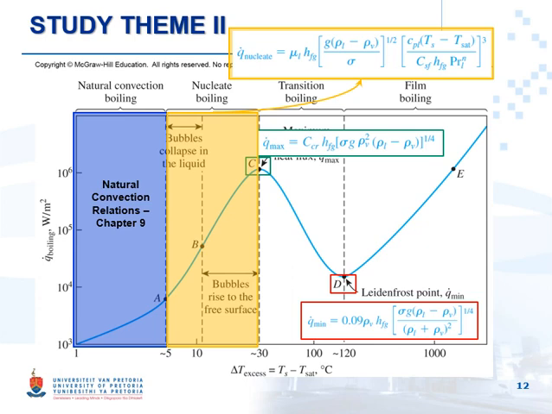For Q dot minimum for the Leidenfrost point we have another semi-empirical correlation, and Q dot nucleate was also semi-empirical, but not the Q dot max. At point C, Q dot max and Q dot nucleate should give the same result, which is delta T excess equal to 30.